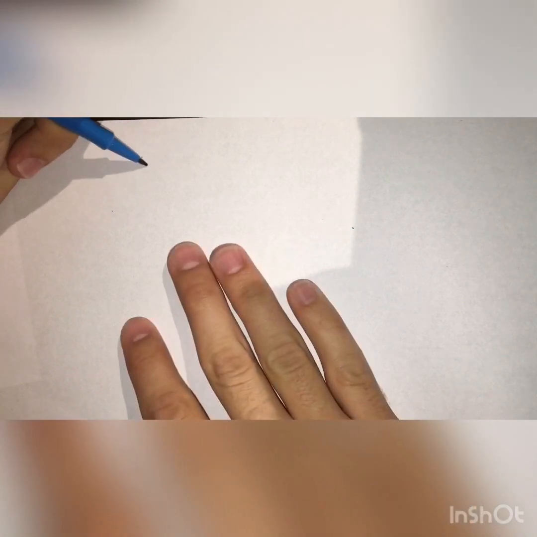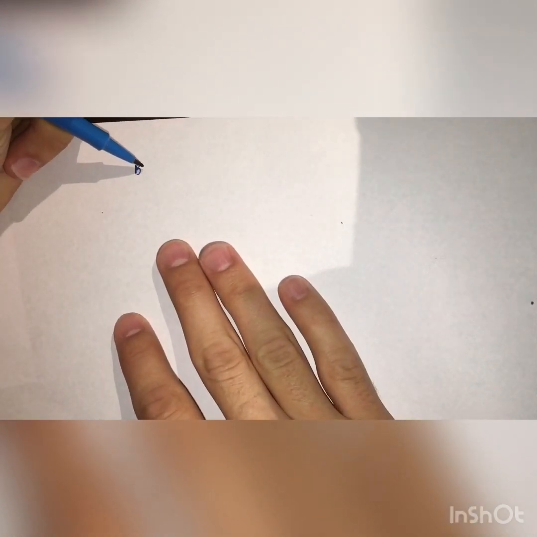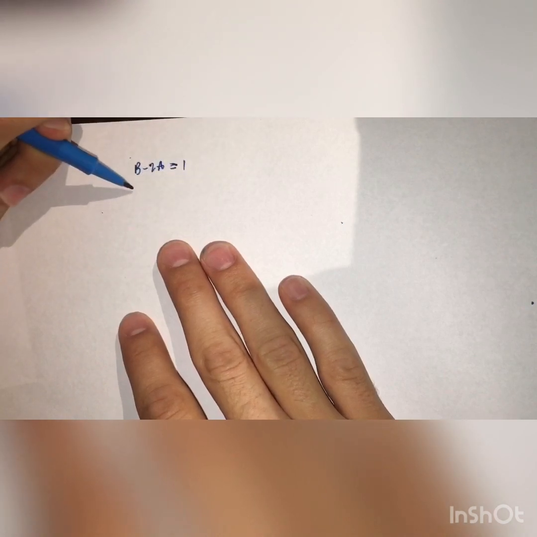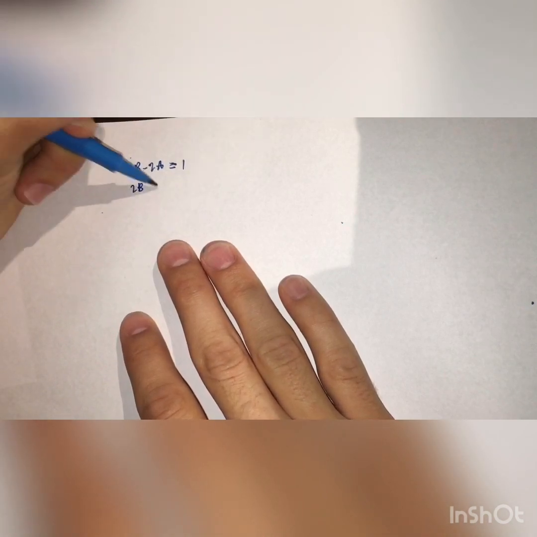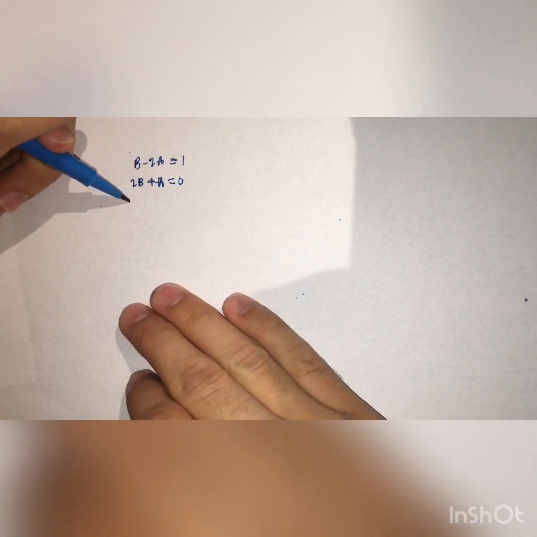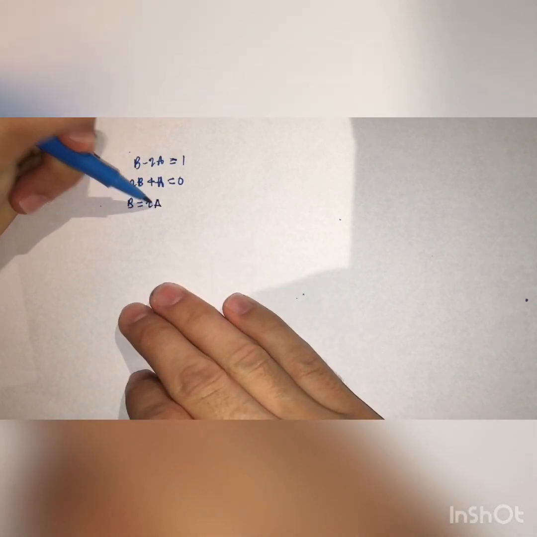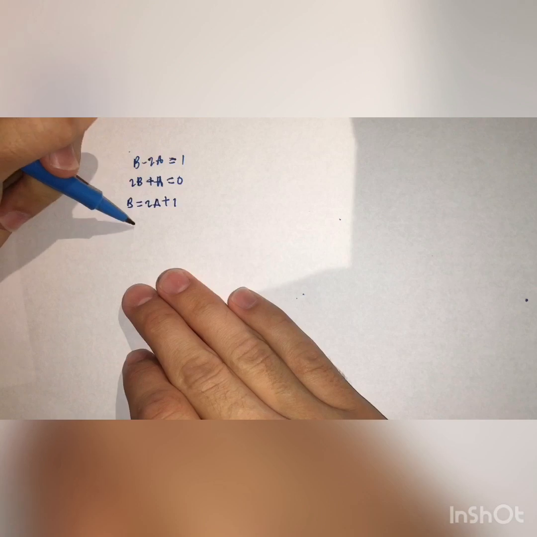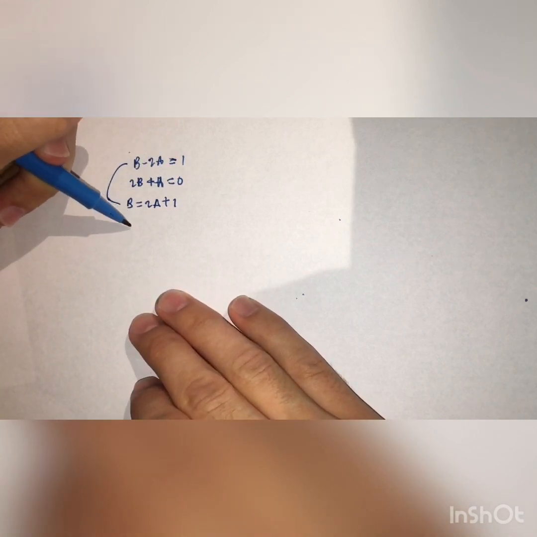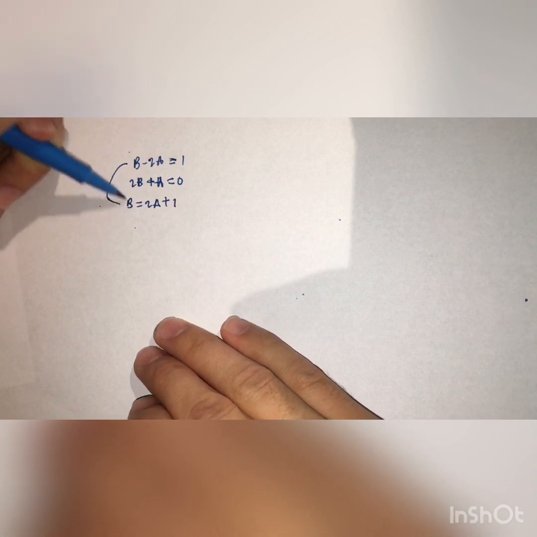So once we've written up these identities, b minus 2a equals 1 and 2b plus a equals 0, we can solve the two and say b is equal to 2a plus 1, and then plug that into the second equation.